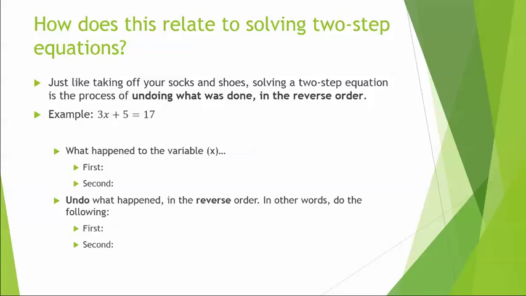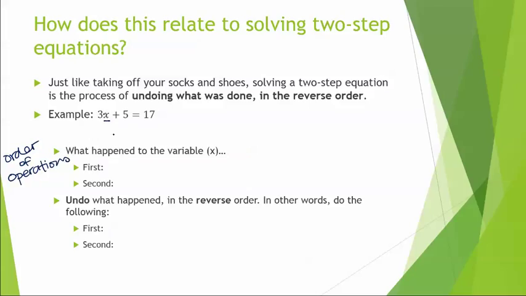So first let's identify what's happening to the variable. And there are 2 things happening. So here's our variable x. And we need to figure out not only just what's happening to x, but in the order that it's happening. So when you want to think of the order, think order of operations. Right? So there's 2 things that were happening to the x.